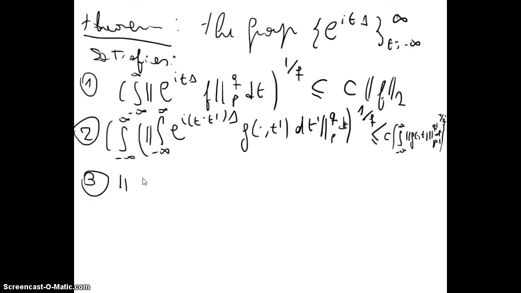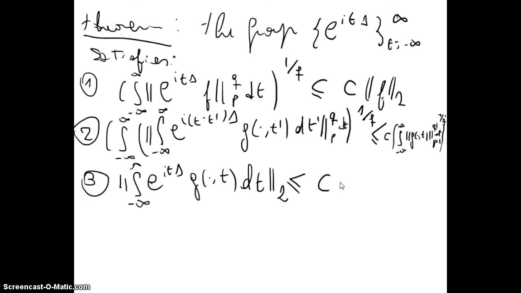And the third one is the norm of the integral from minus infinity to infinity of the operator e^{-itΔ} g, again, dt, in norm 2, is less than or equal to c times the integral from minus infinity to infinity of g(t) in L^{q'} L^{p'} dt, or 1 over q prime again.